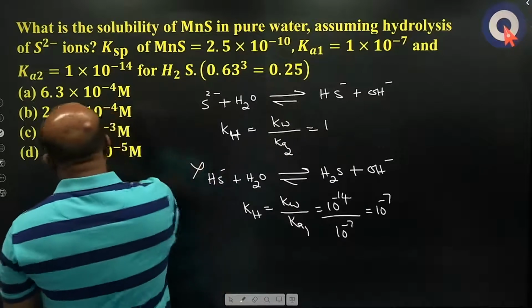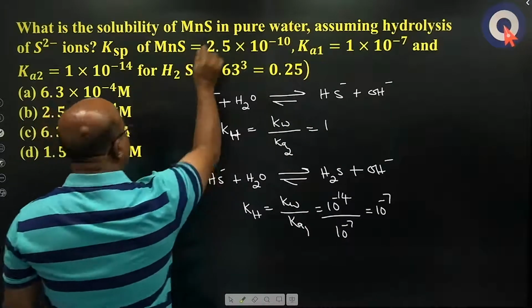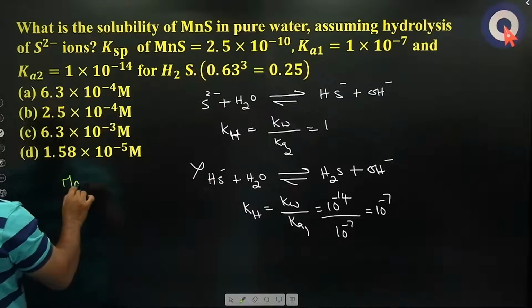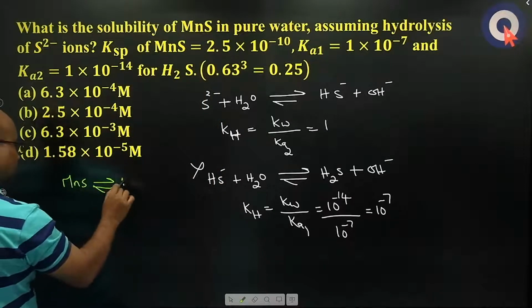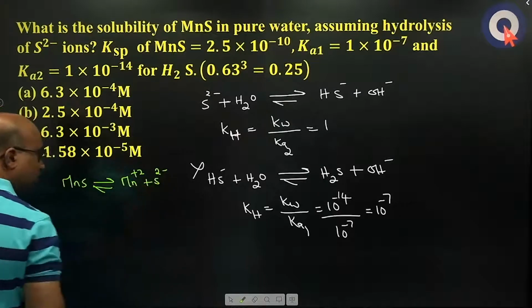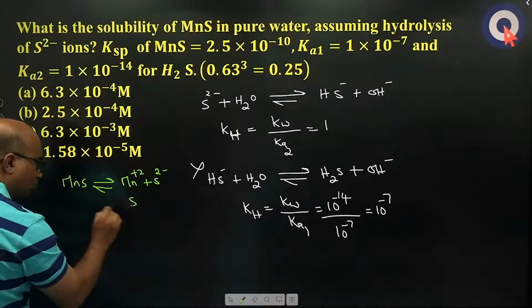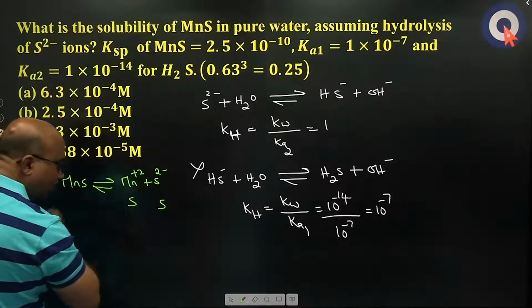So suppose the MnS is converting to Mn plus 2 and S2 minus. That means if S moles of this is dissolving, you will get S moles of this and S moles of this.